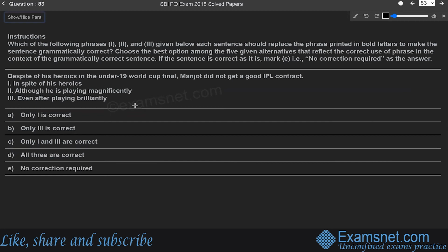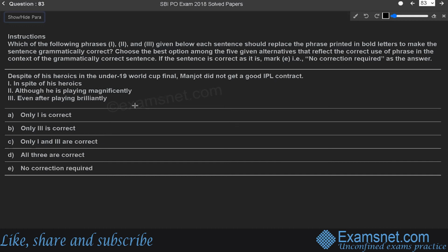And here the statements are: in spite of his heroics; although he is playing magnificently; even after playing brilliantly. We can see that despite of is incorrect usage. It should either be despite or in spite of. Hence, first is the correct usage for the given sentence. Second is inconsistent in terms of its tense structure.